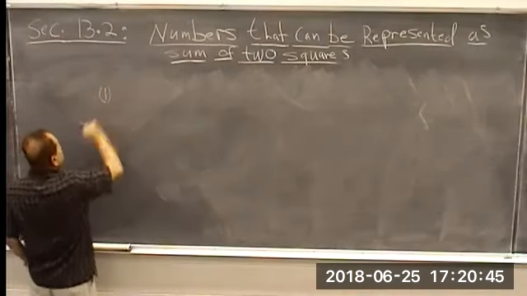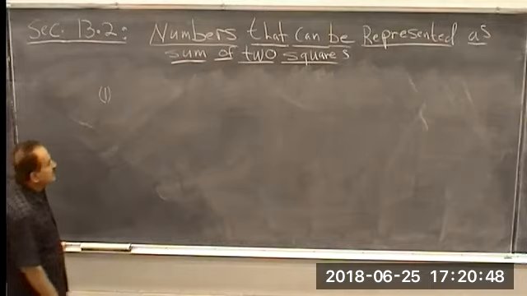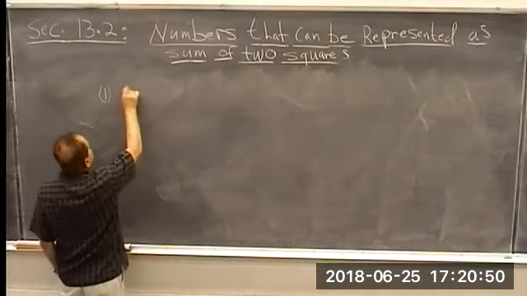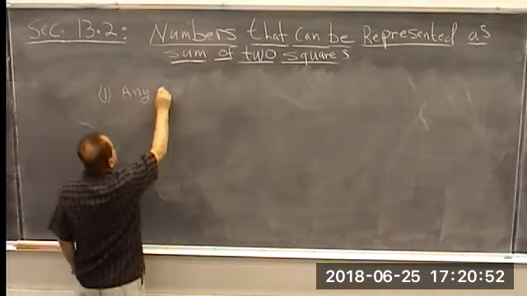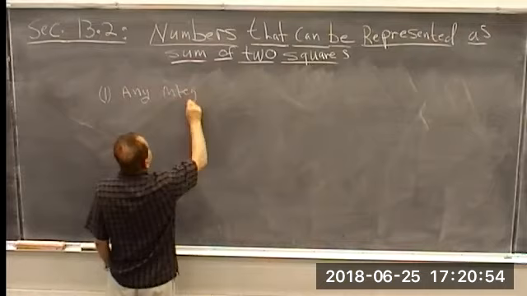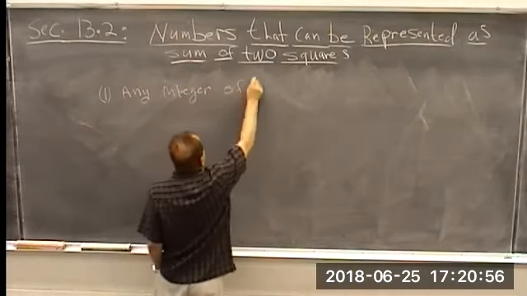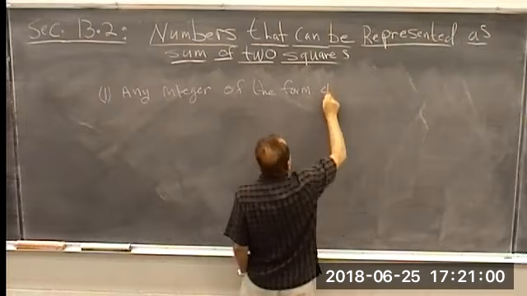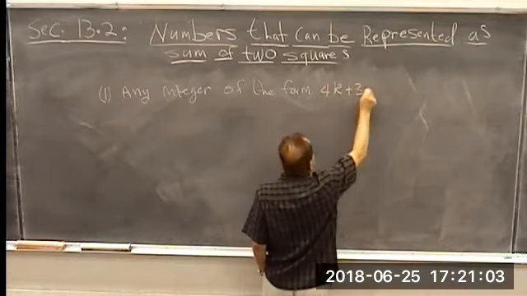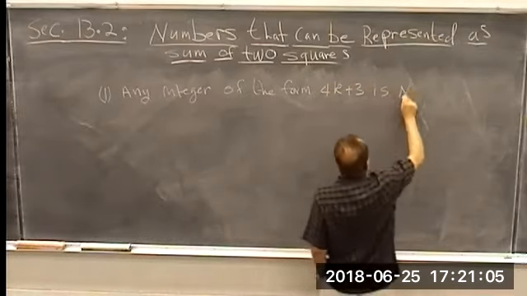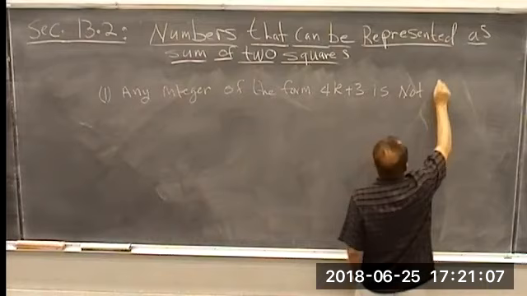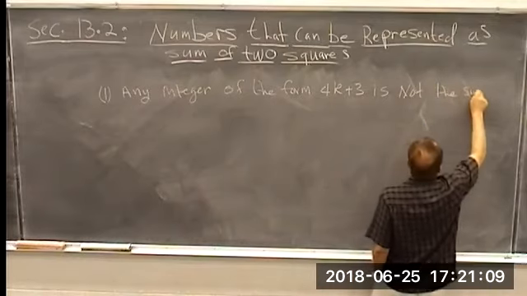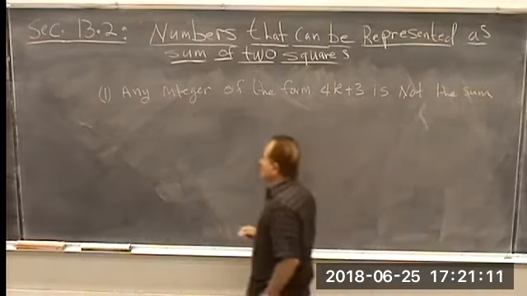First, we have shown that any integer of this form, 4k plus 3, is not the sum of two squares, right?